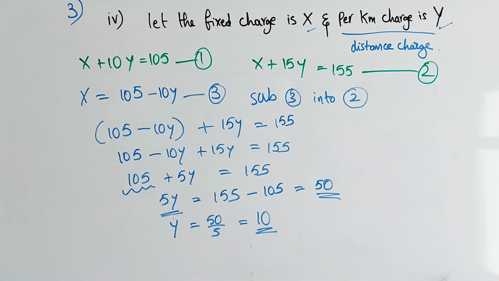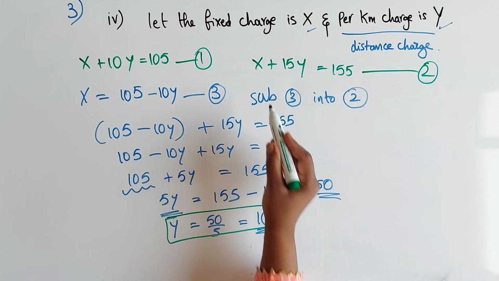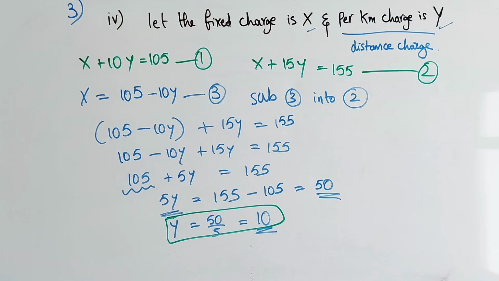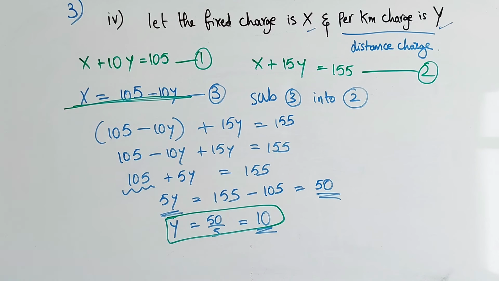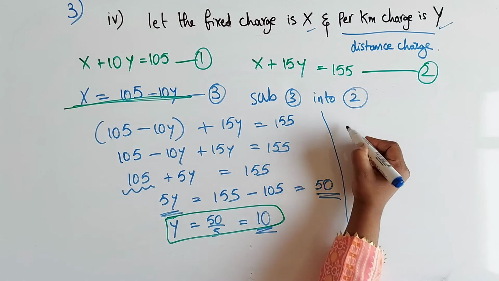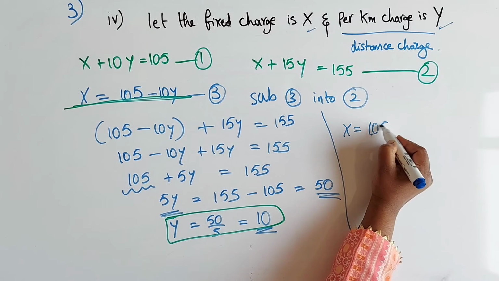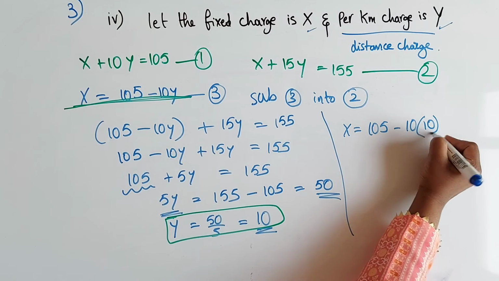Now we know the y value, children, that is 10. We have to find out the x value. Correct? x equals 105 minus 10y from equation 3. So just substitute this y value here. x equals 105 minus 10 into the y value, 10.